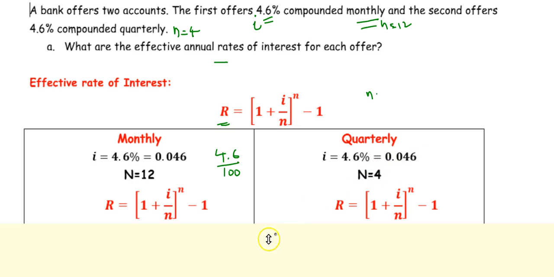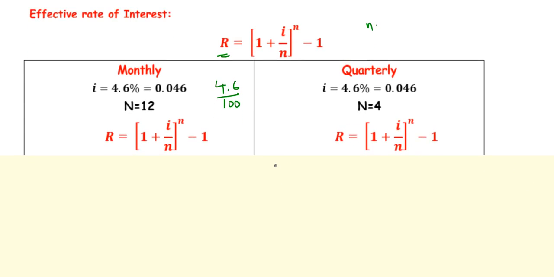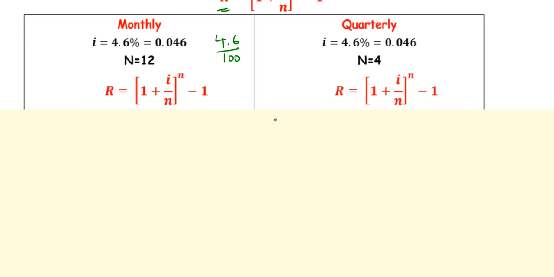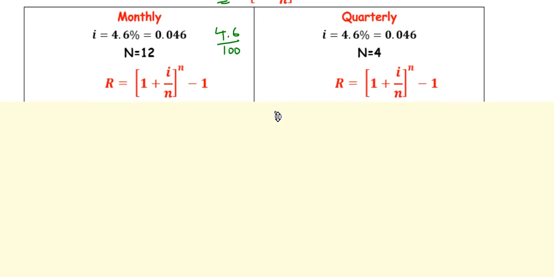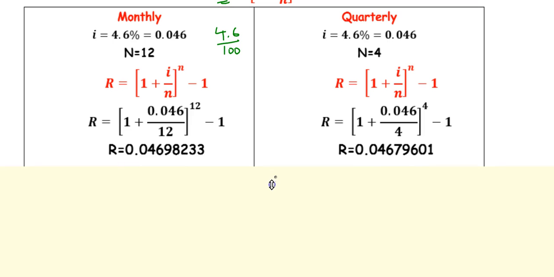Now let's substitute these values in the formula in the first and second case. So 1 plus 0.046 over 12, whole to the power of 12, minus 1, and the same thing in the second, with n equal to 4, everything else the same.